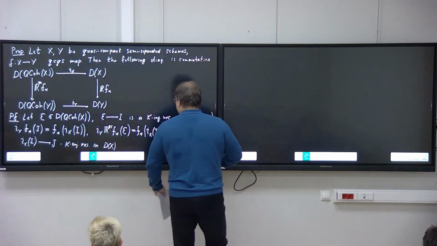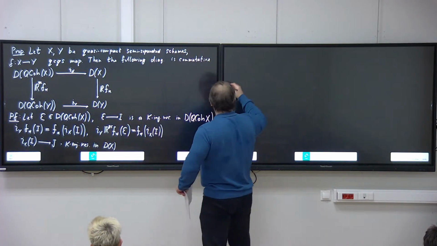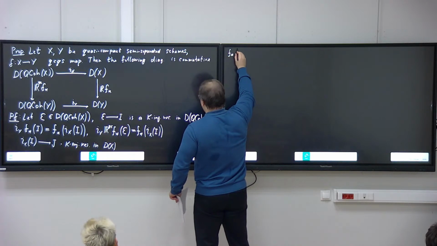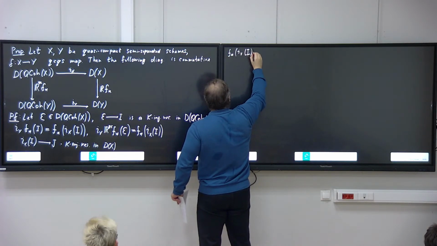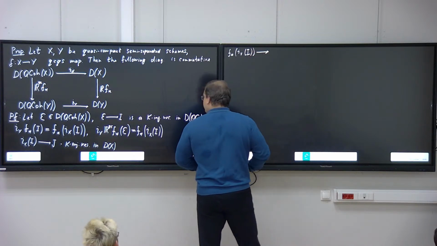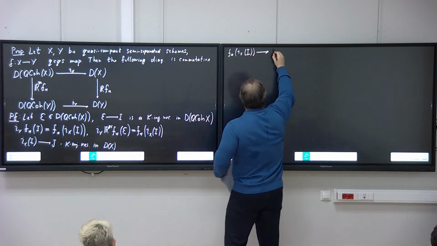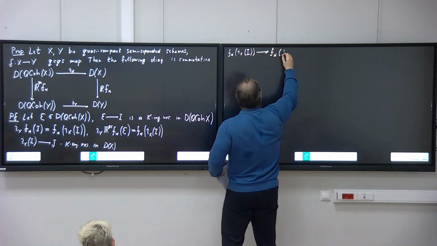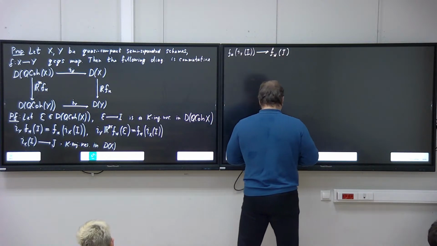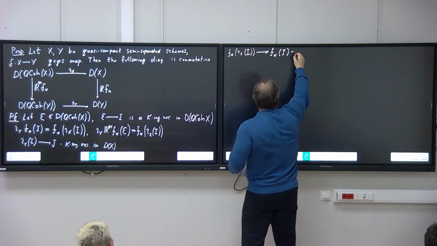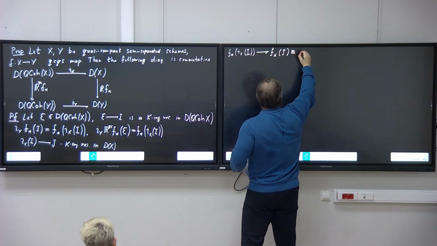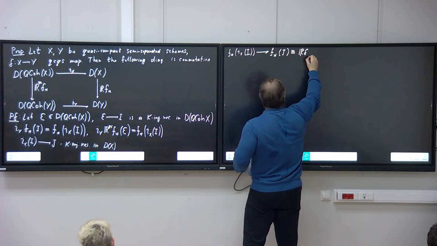If I apply it to the left hand side, I'll get exactly F lower star of the I sub x of I. This is mapped to the F lower star of J. But this F lower star of J, I can identify with the derived functor R F lower star, right?